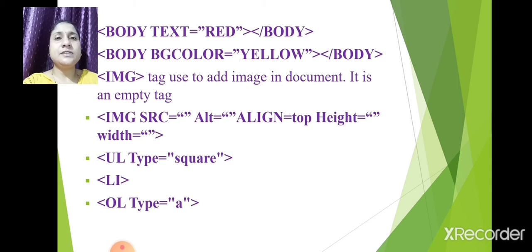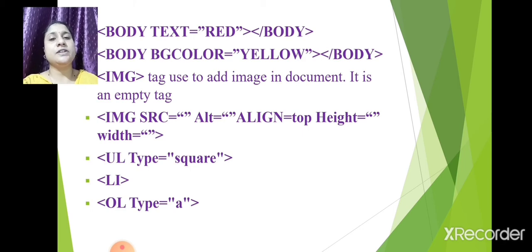Whereas LI means list item. Then OL means ordered list, where numbers will appear like 1 2 3, Roman numbers, or alphabets, small alphabet a b c d or capital alphabet. It appears in an order, so that's why it's called OL, ordered list.